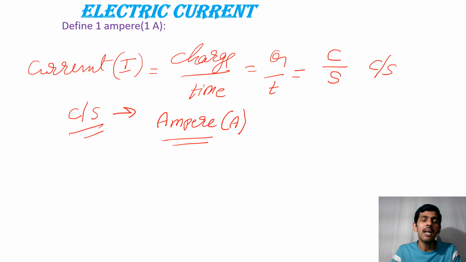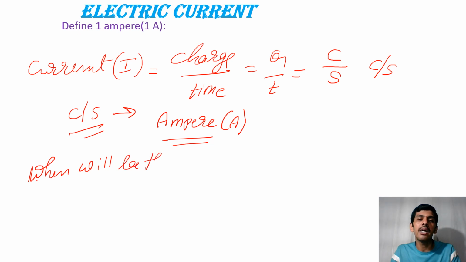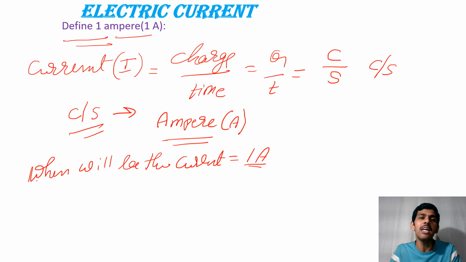Then here our aim is to define when the current will be equal to 1 ampere. That itself is the definition of 1 ampere. They may ask you to define 1 ampere.